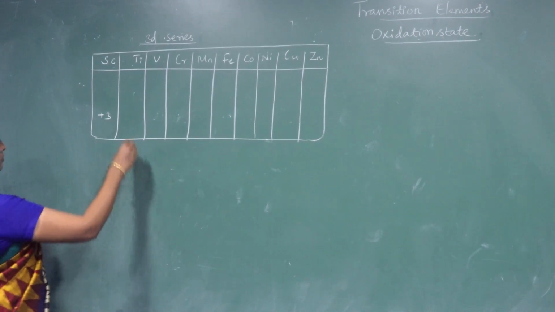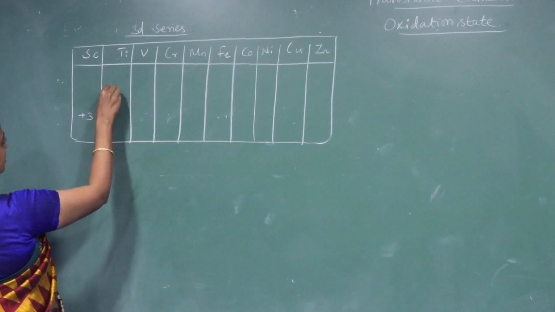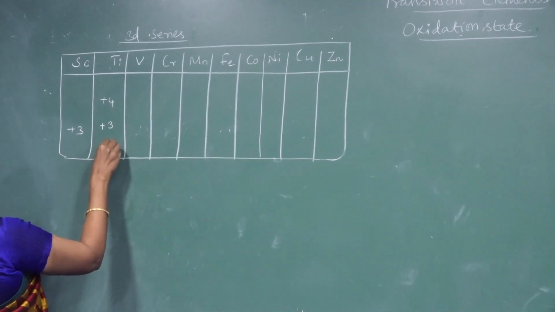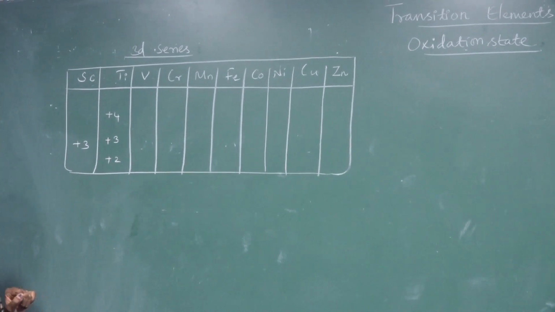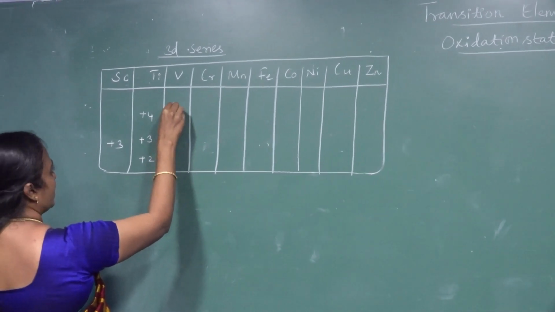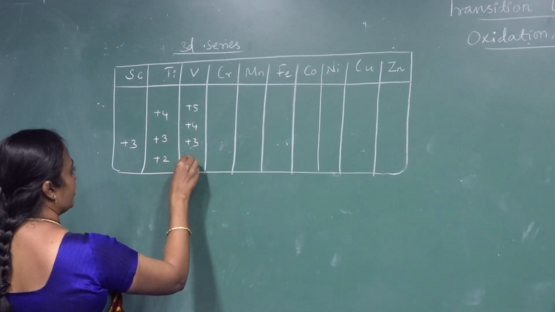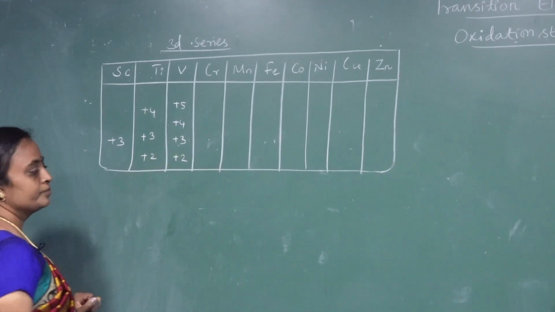For titanium, the possible oxidation states are +4, +3, +2. For vanadium, +5, +4, +3 are possible, and +2 also.